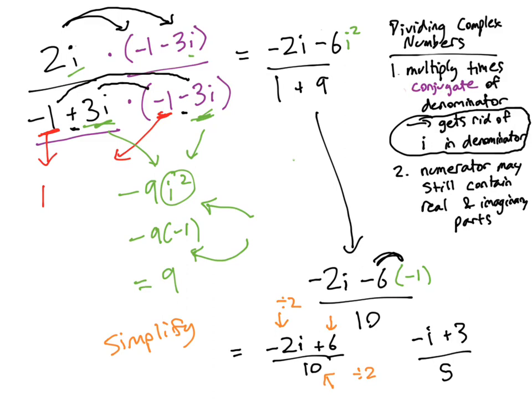Whenever we are dividing complex numbers, what we want in our final answer is that there are no more imaginary terms in our denominator, so that we don't have any more square roots in the denominator. But it's okay to still have real and imaginary parts in our numerator.